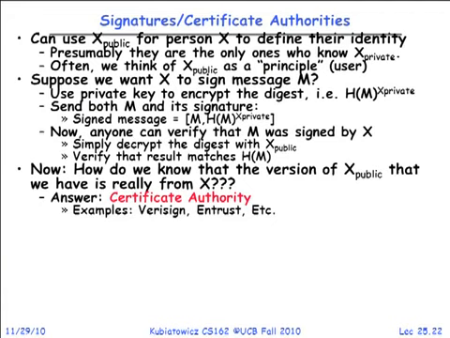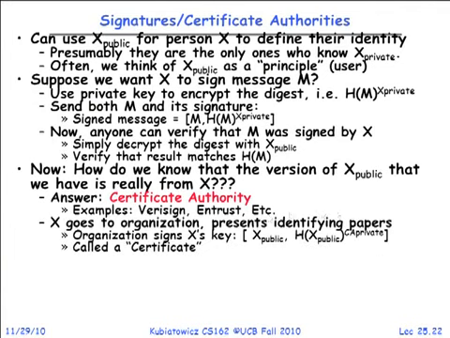The idea is that X goes to the organization, gives them papers that prove X is who they say they are, and the organization signs X's key. So here's X public, and the hash of X public encrypted with the certificate authority's private key. Notice that this is just a signed document where the document being signed is now the public key of X. However, it's resting on the authority of the certificate authority.